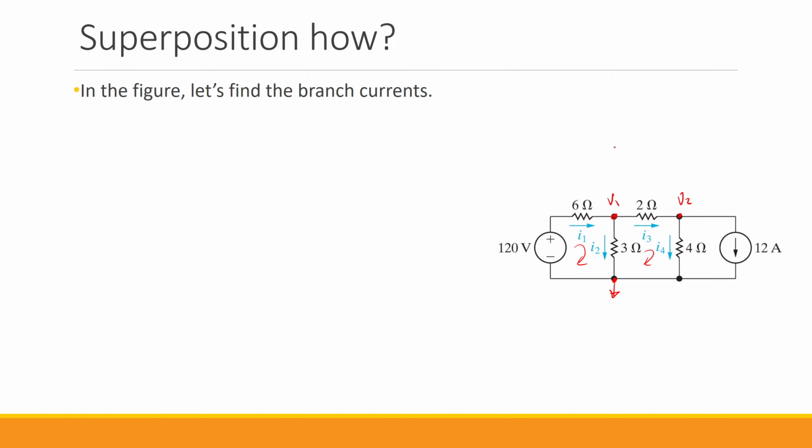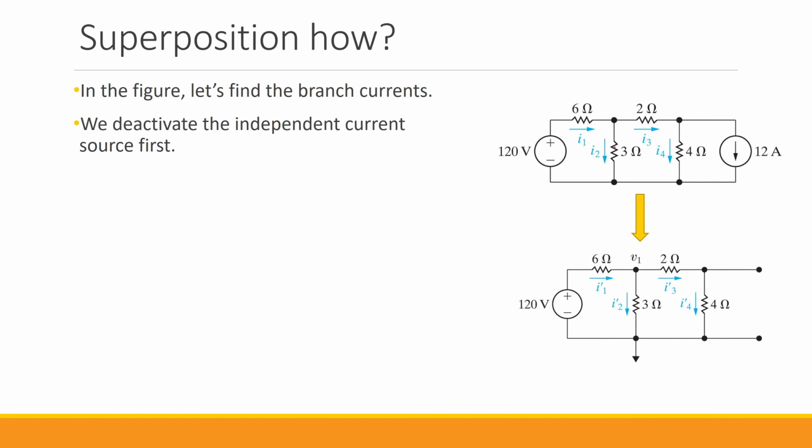To get to this, we need to deactivate the independent sources one at a time. So at any given time, only one of the independent sources is present. The first step is that we go from the initial circuit to the second one, in which we deactivated the independent current source.